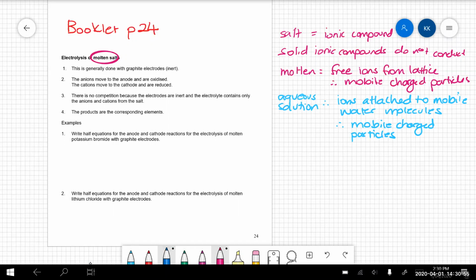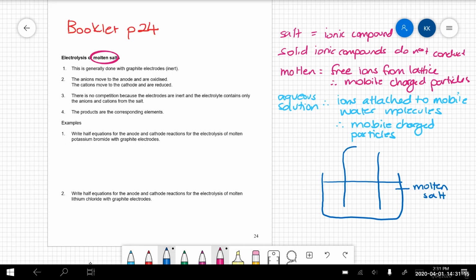So what you need to understand is that we have an electrolytic cell and some electrodes, and this is going to be our molten salt. And we're going to connect this up to a power supply.